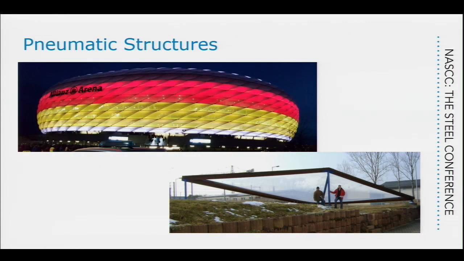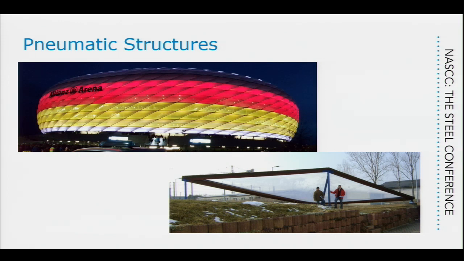Another fairly famous one, the Allianz Arena. This is where Bayern Munich plays. Those are the same kind of cushions that we saw in the example, and here they also use it as a facade. Because this material, ETFE, you can get in clear color, they use it a lot.